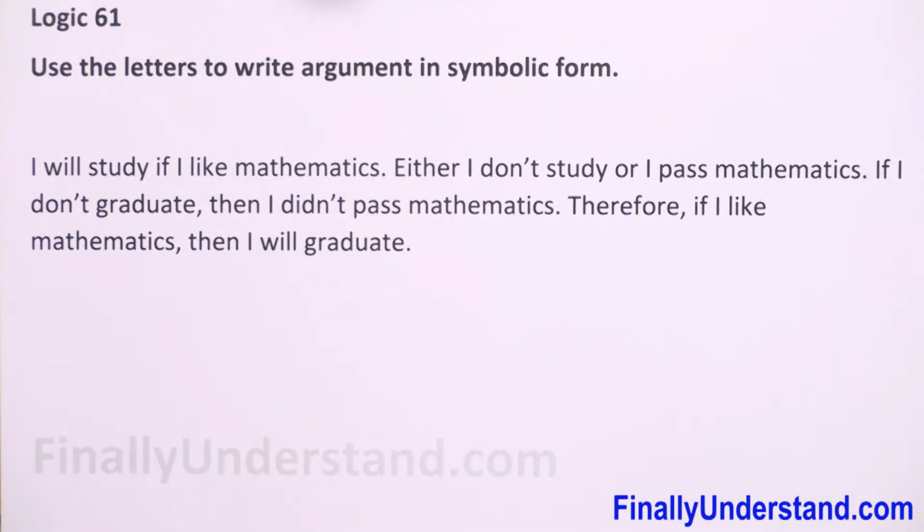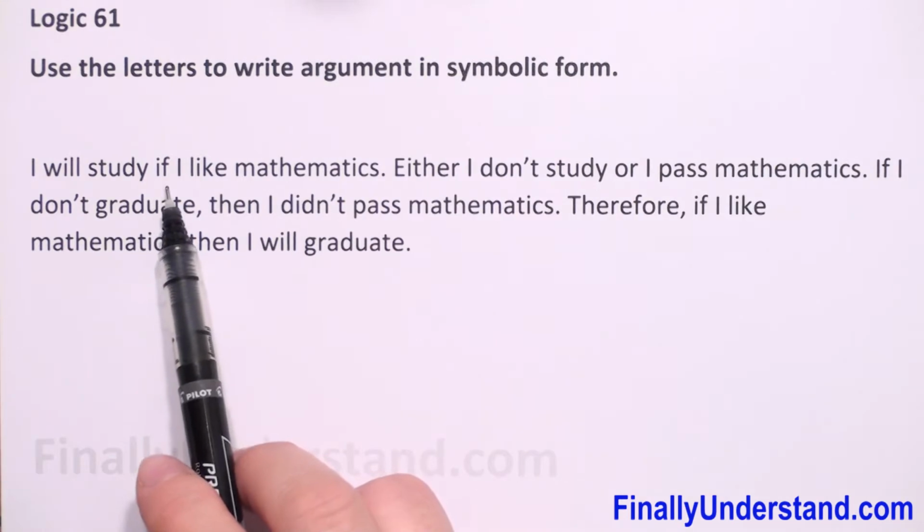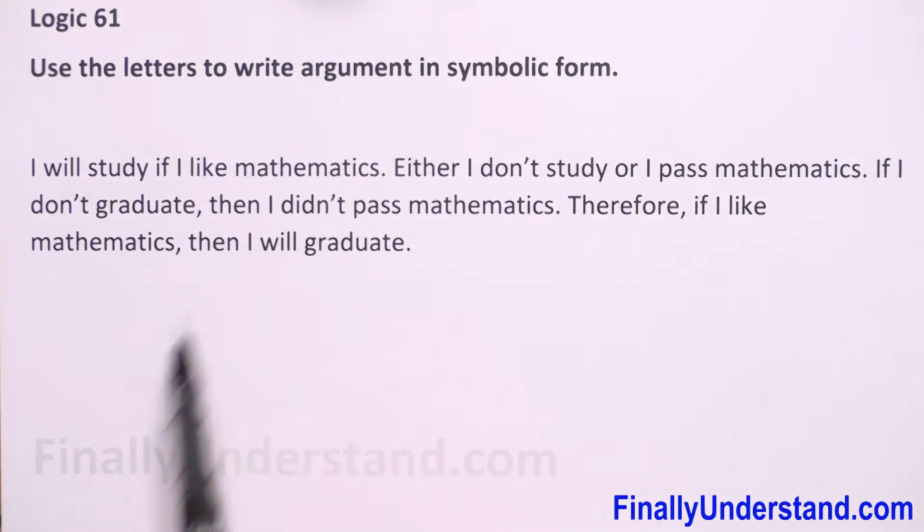An argument consists of a set of statements called premises or hypotheses, and another statement called the conclusion. The conclusion is always after "therefore". So we have premises. I will study if I like mathematics.